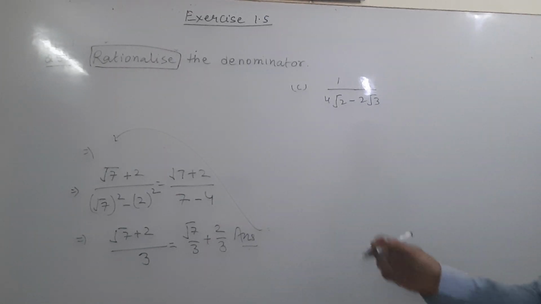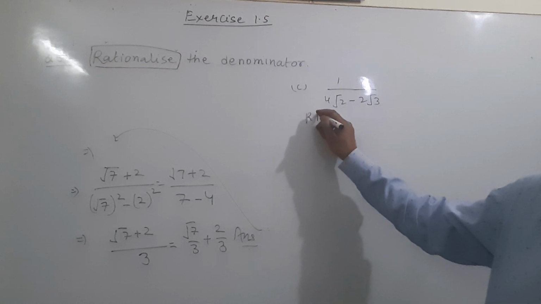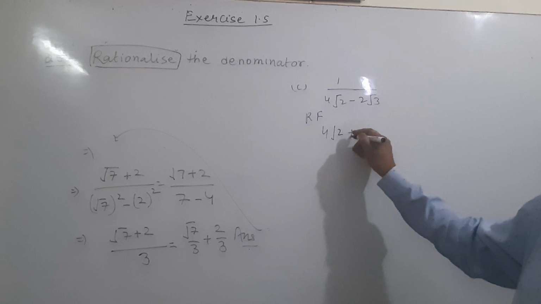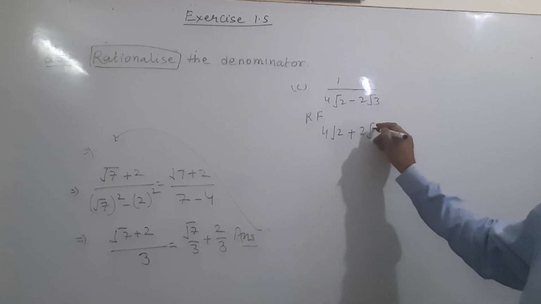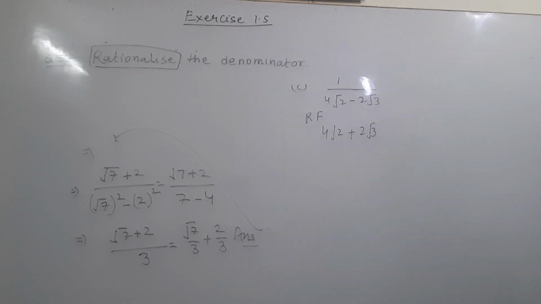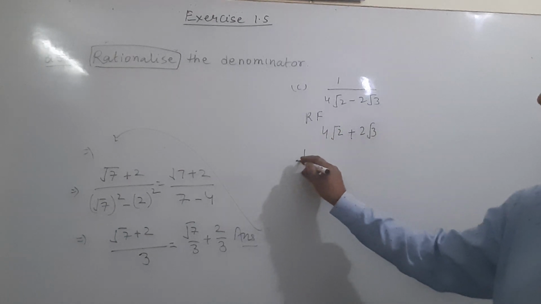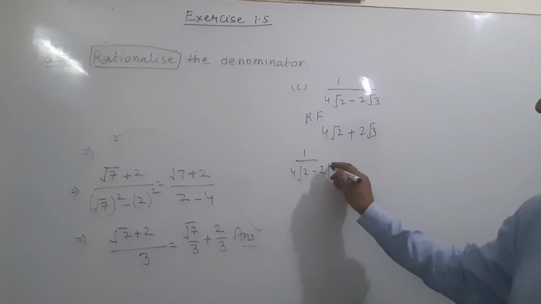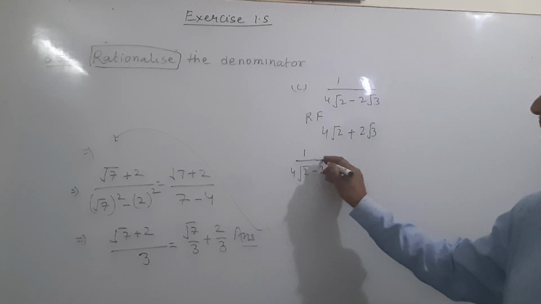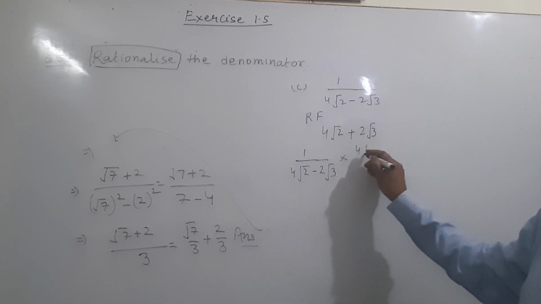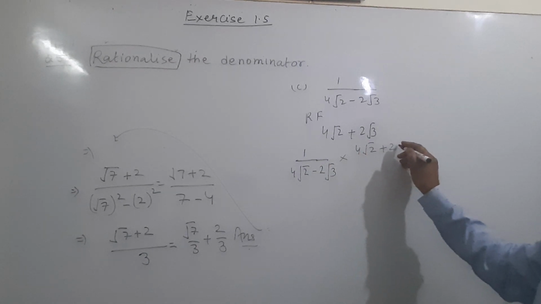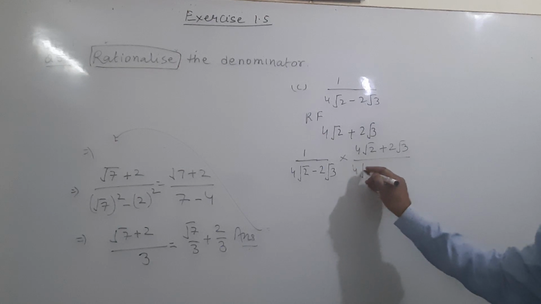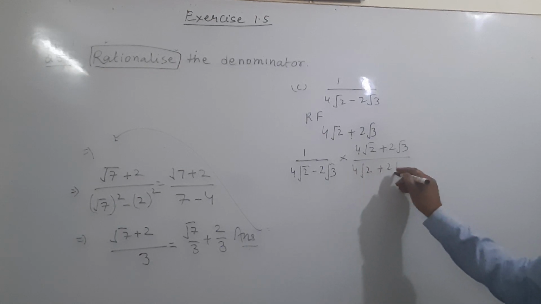Now here, what is the RF? 4 root 2, here is minus 2 root 3, so the RF is 4 root 2 plus 2 root 3. Then 1 upon 4 root 2 minus 2 root 3, we have to multiply 4 root 2 plus 2 root 3 upon 4 root 2 plus 2 root 3.